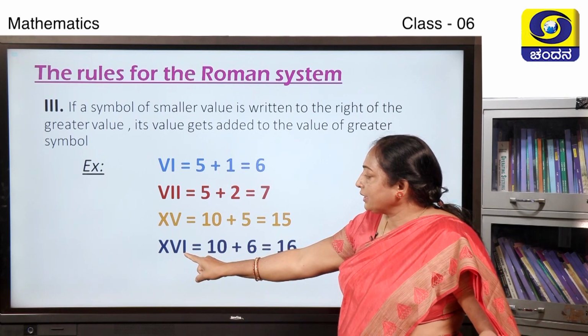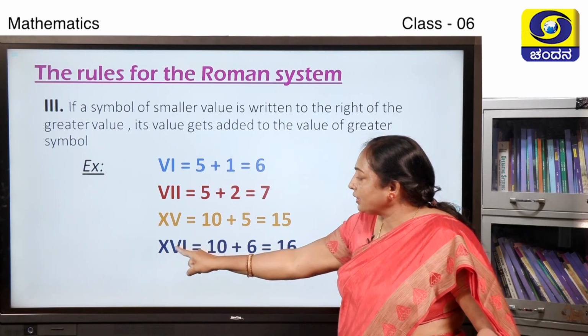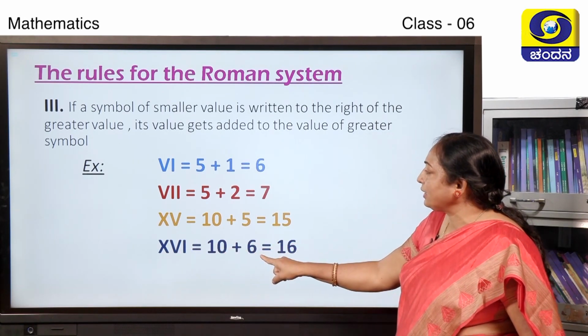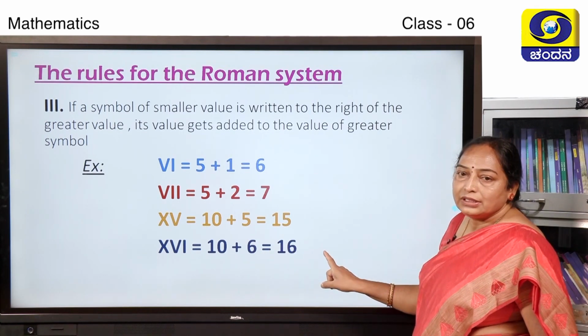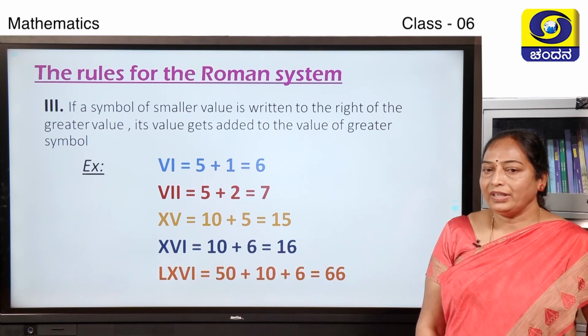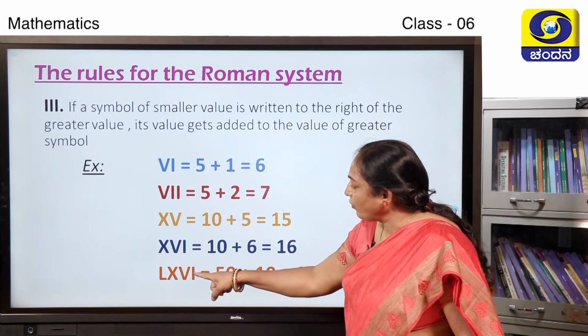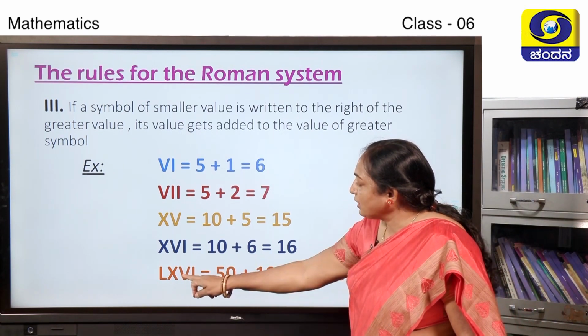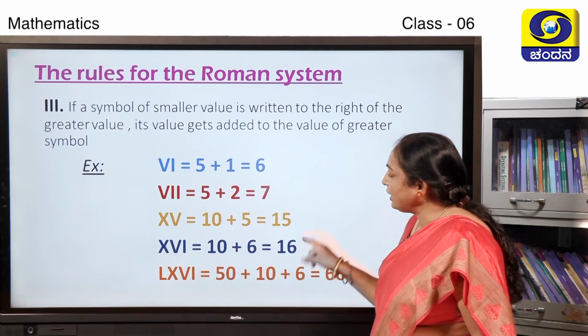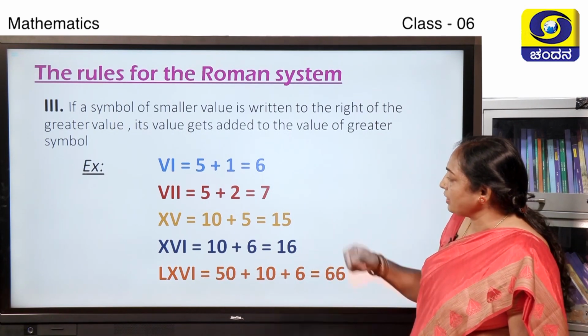VI is on the right of X, that is why 10 plus 6 is equal to 16. What do we get in the last line? LXVI. XVI means 16. Already we got the answer in the previous line.